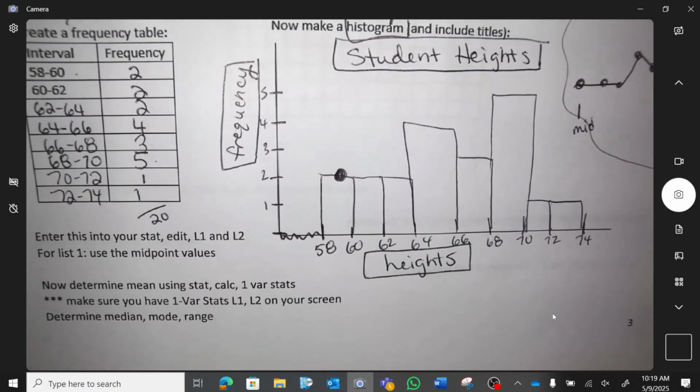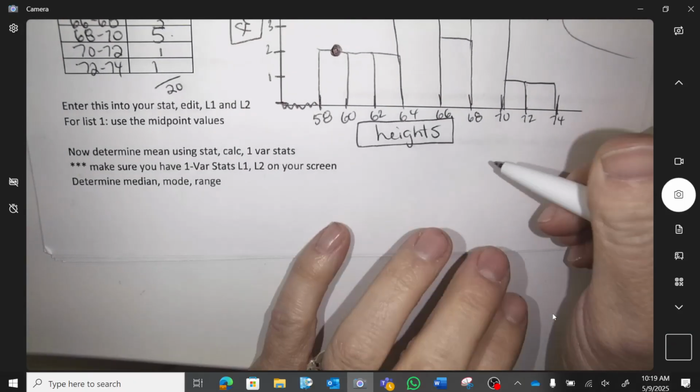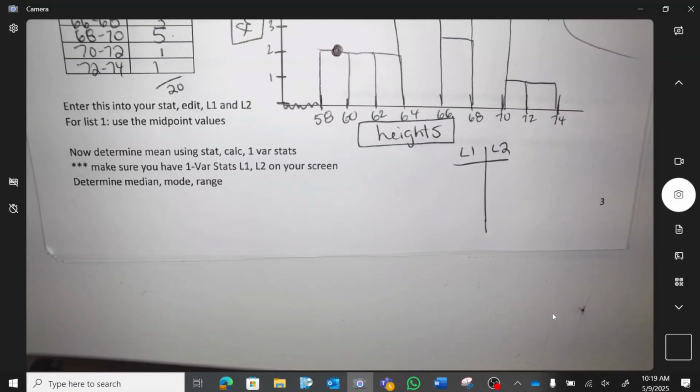What we're going to do is enter this data into our calculator. We are going to do what we kind of did yesterday with L1 and L2. Here's why it's different. Are we listening? Because if I have to repeat this, I'm not going to be happy, because this is very simple if you can listen.